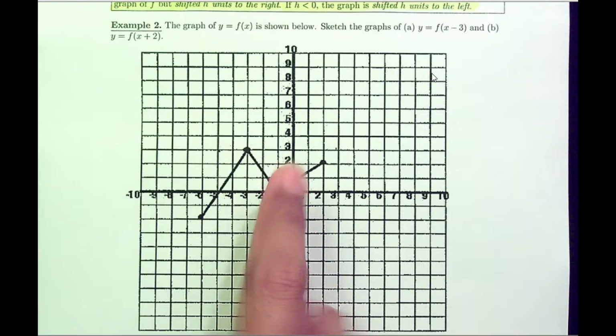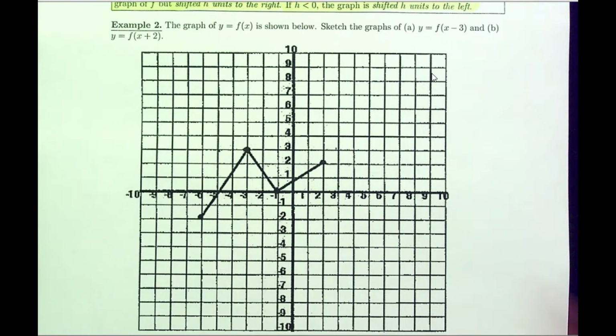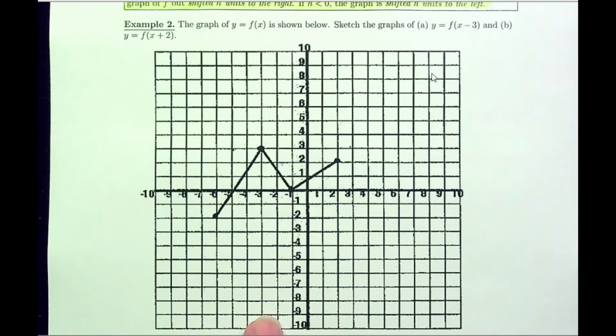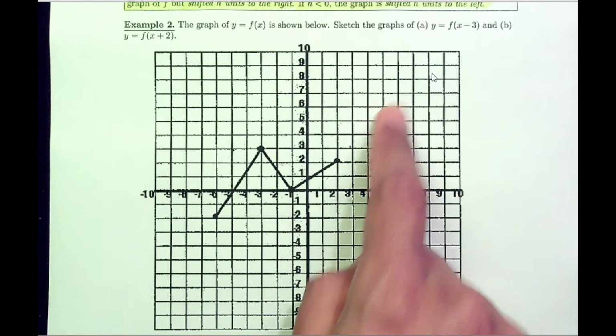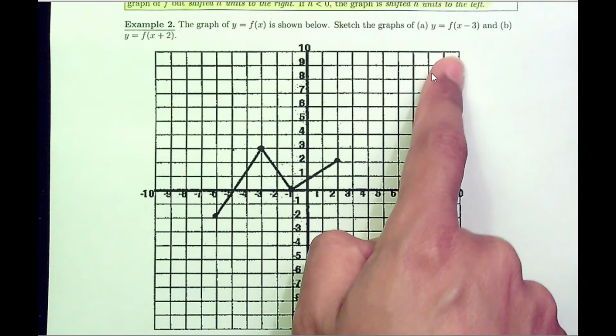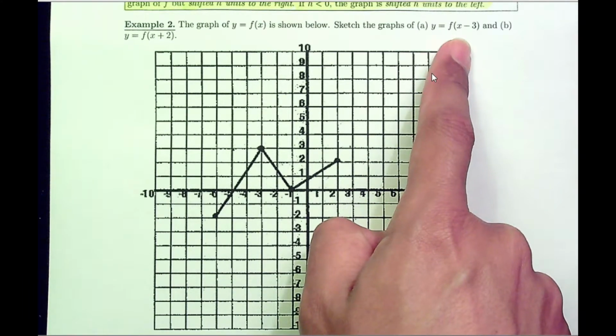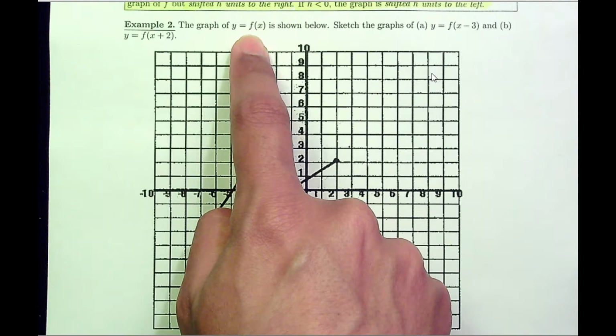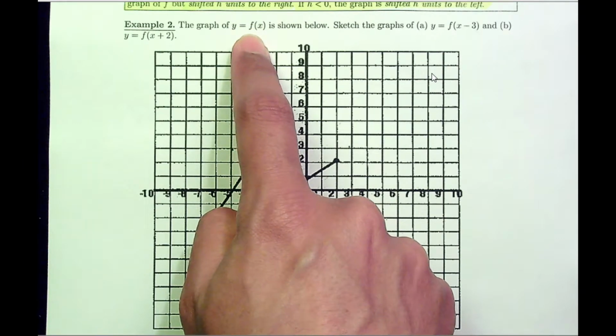Suppose I have y equals f of x, that's the original graph. I want to sketch the graph of y equals f of x minus 3. So I'm modifying the original function, which is f of x, by subtracting 3 inside.